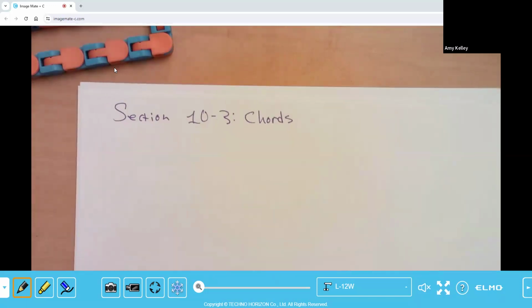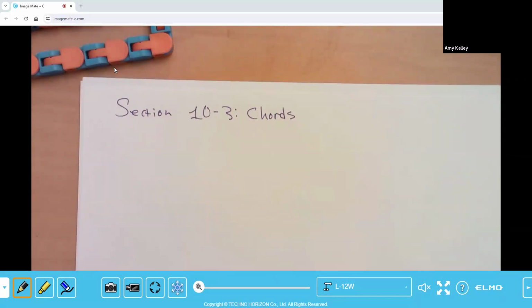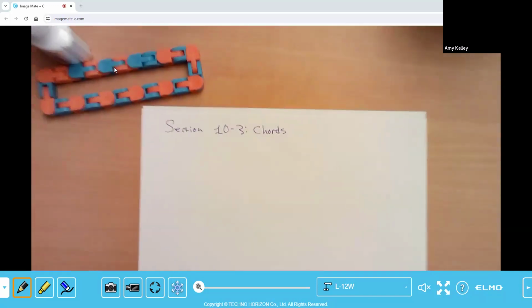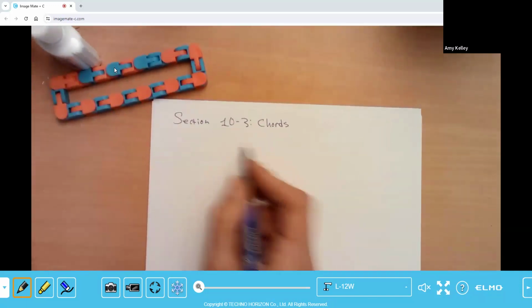All right, so what we're going to look at is how chords are related to central angles and intercepted arcs.